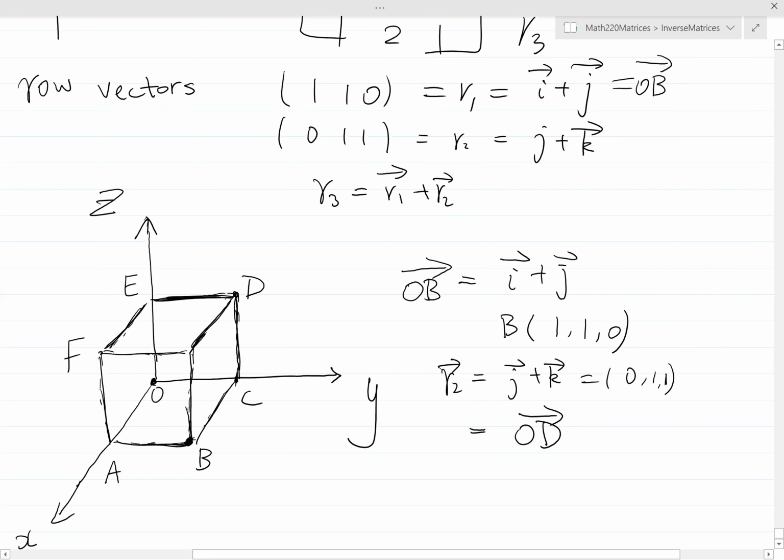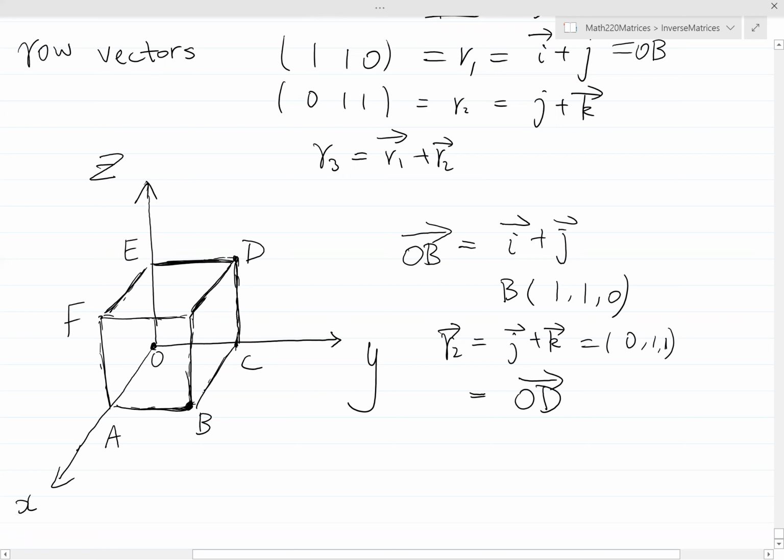What's the space spanned by the row vectors? We have two linearly independent vectors, so they span a plane.